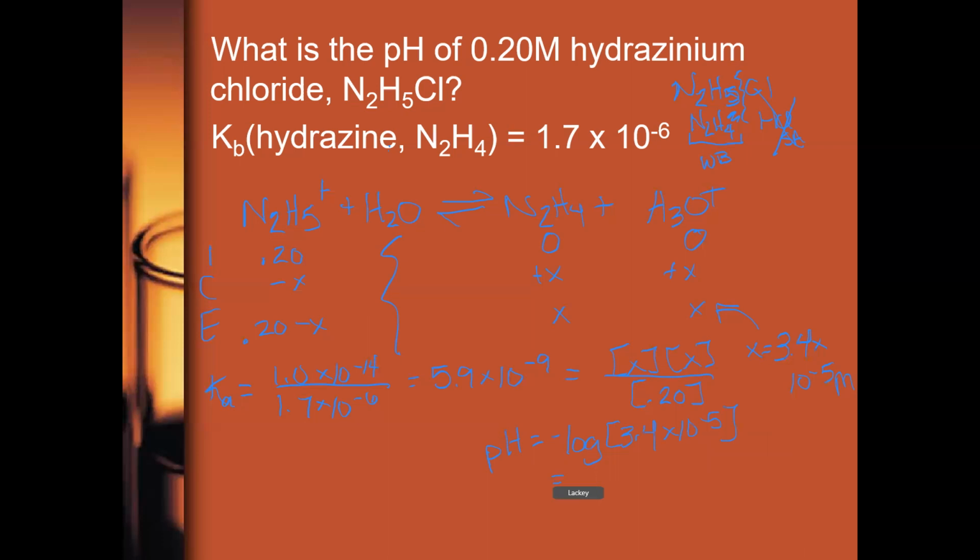And we get that this has a pH of 4.46, which is less than 7, and acidic, which matches up since the cation is the one that would react. So that's how we know if it's acidic or basic, based off of just the cation or anion, because they're all going to work out with their Ka and Kb values.